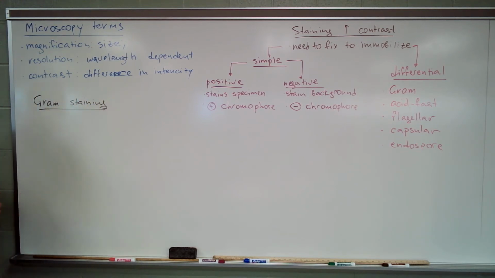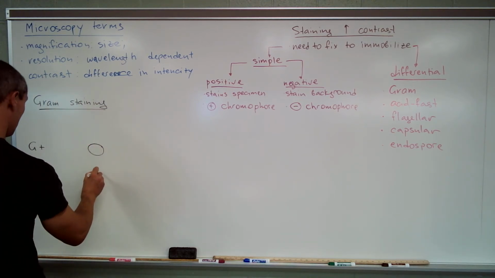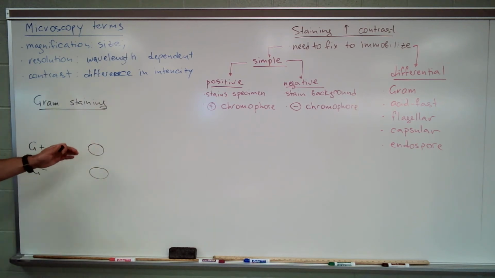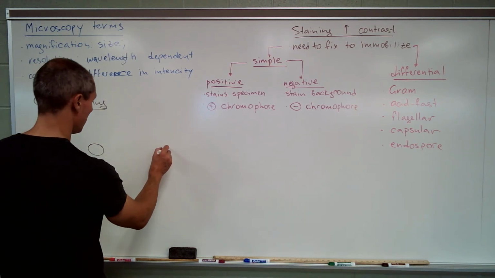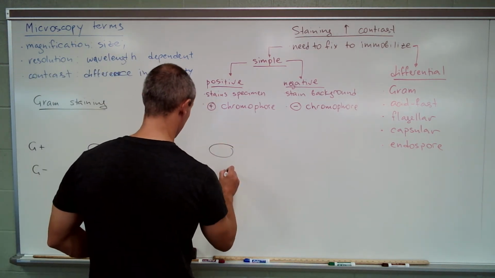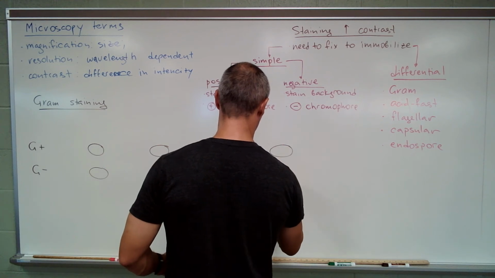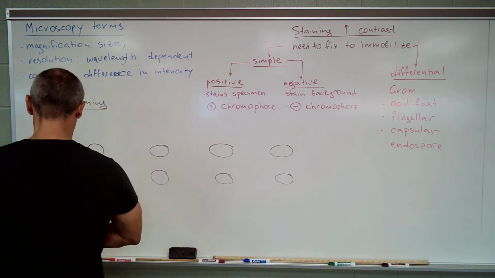We're going to have gram positives and gram negatives, and I'm going to draw kind of bacterial cells. There are essentially 4 steps in the gram staining.